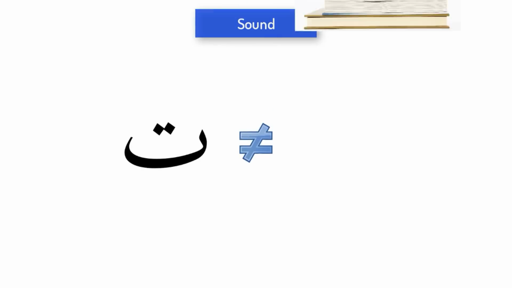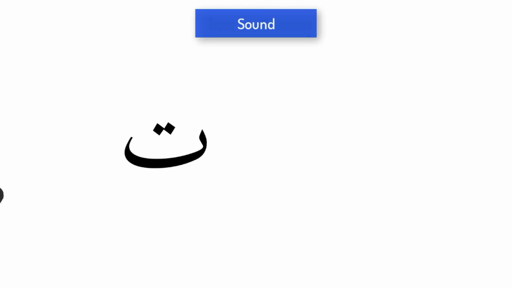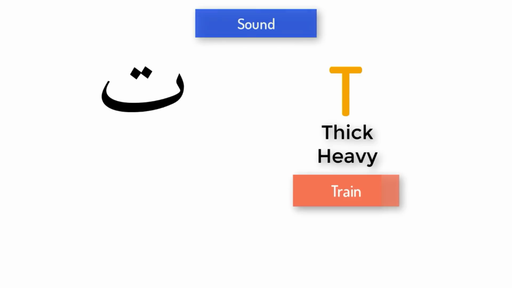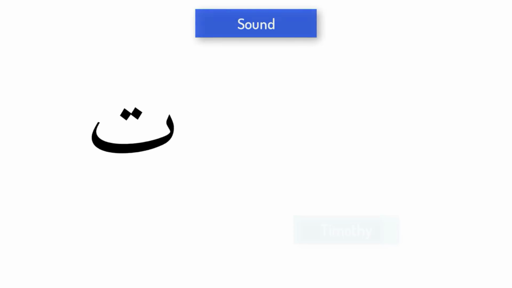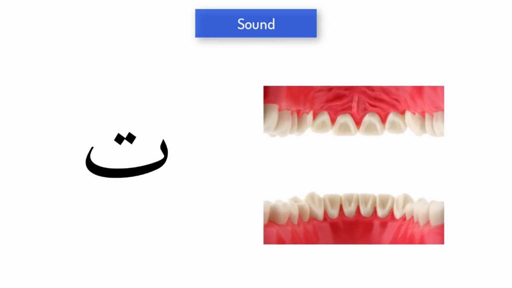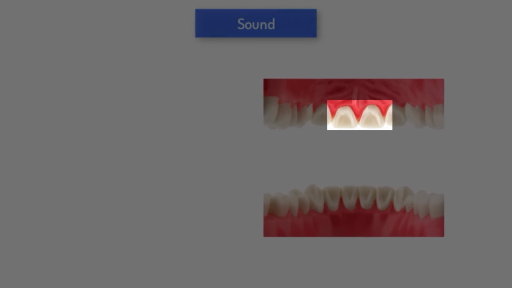The sound that it produces doesn't really have an English equivalent, though its closest approximation is the letter T. However, unlike the T, which is quite thick and heavy, in words such as train and Timothy, the Arabic ta is light and soft, produced by placing the tongue beneath the upper front teeth.